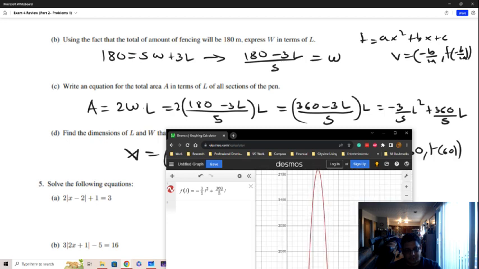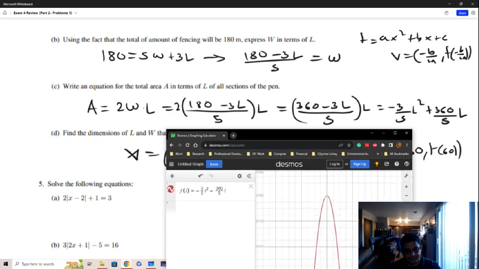Here we have our maximum, and it's occurring at 60, 21, 60. I have everything okay here.